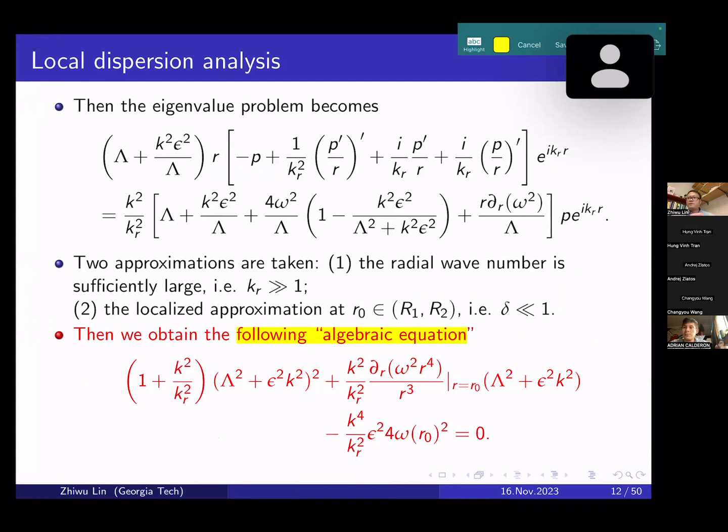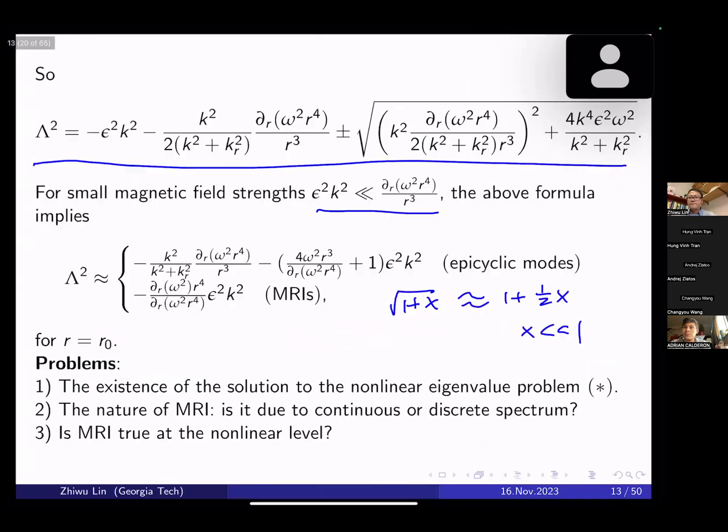The second eigenvalue, you can see it actually is positive, right? It's a positive number times epsilon square, k square. Okay, so if you get a positive eigenvalue, that means you have the instability. So this is pretty nice, and it has been used quite commonly in the literature.